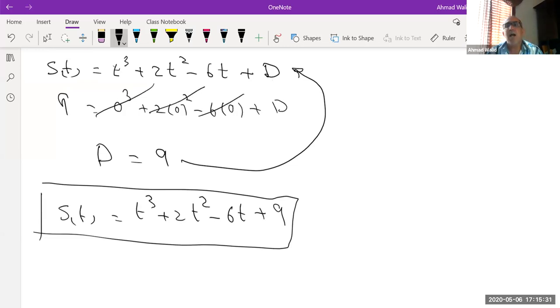Monday, I will start chapter 5. I will start with integrals. It means I will start with finding the area under the curve. For example, this is my curve. This is a point A. This is a point B. An interval.